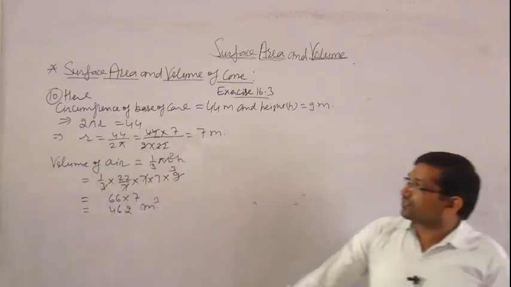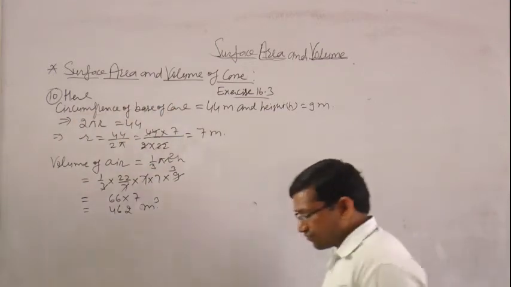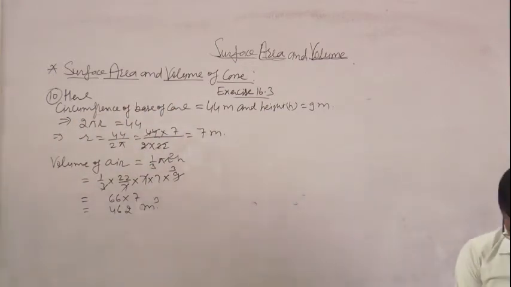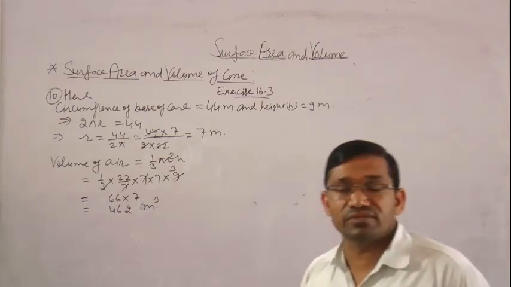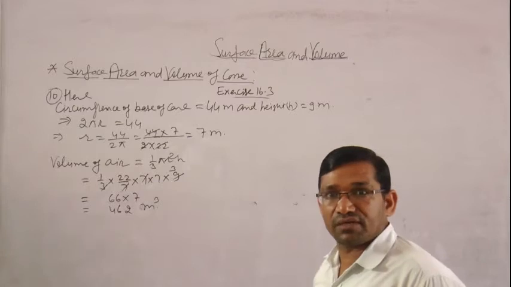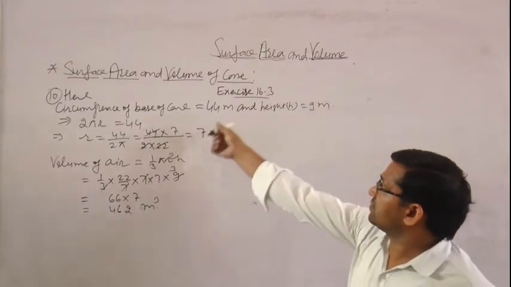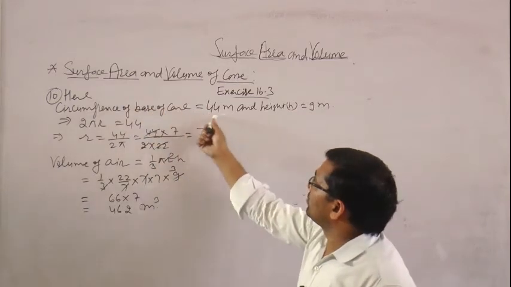So in this question, what is given? Circumference of the base of the cone is given. Circumference of the base of the cone is 2 pi r, because the base of a cone has a circular shape. So circumference of a circle is 2 pi r. According to the question, circumference of the base of the cone is 44 meter.